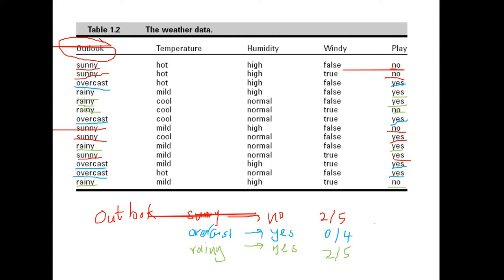So now we can calculate the total error. The total error is out of 14 instances, 2 by 5, 0 by 4, 2 by 5, we will get 4 as the total error for the Outlook attribute.